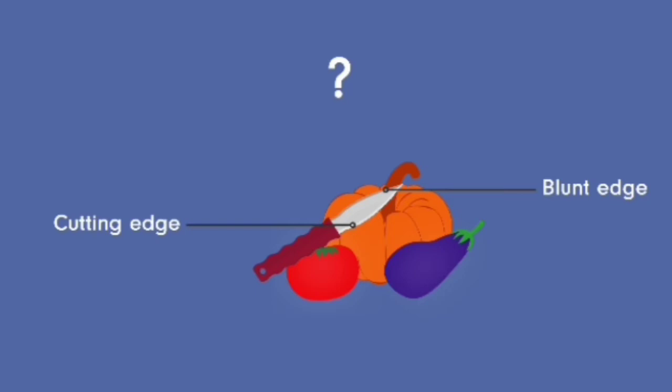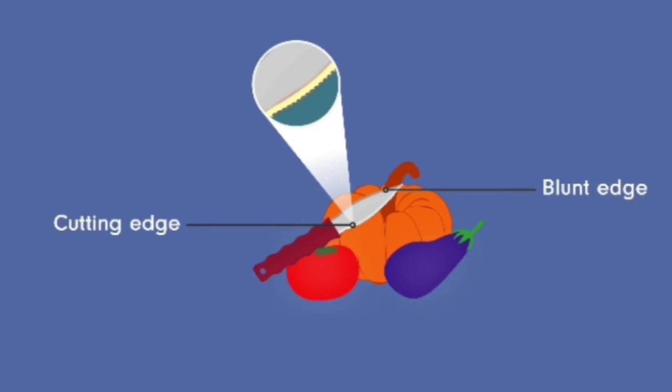But if you look at them carefully, the cutting edge has small triangle-like shapes with sharp outer points. The other edge has nothing of this.